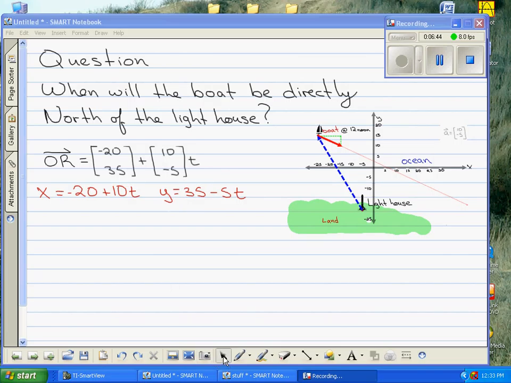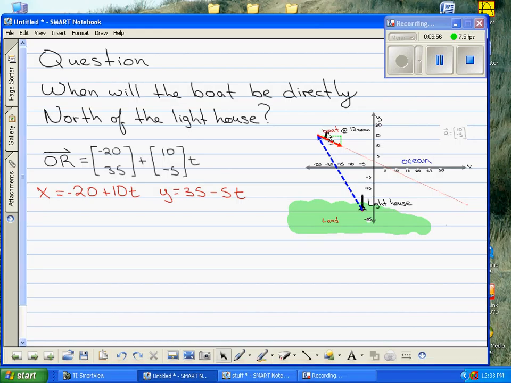Now what the question states is, when will the boat be directly north of the lighthouse? Right here I have a little condensed version of the diagram. We want to find at what time this boat will be directly north of our lighthouse. In other words, we're looking for the time when this blue vector will look as such.